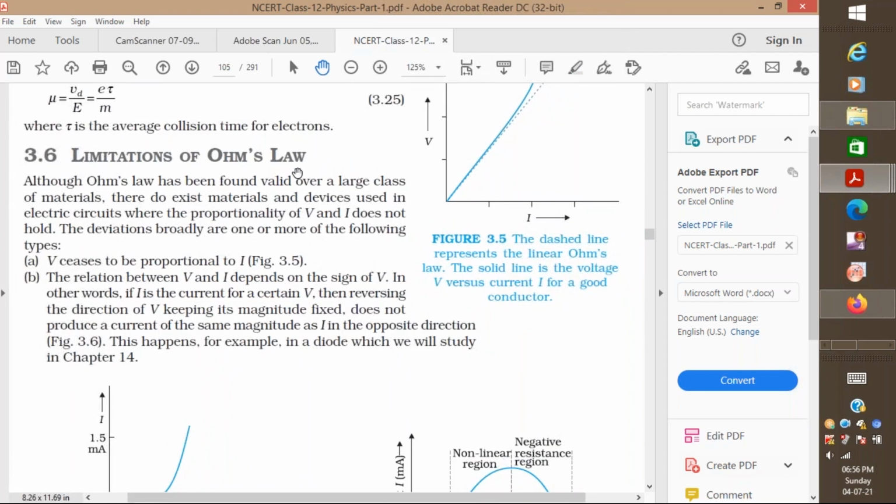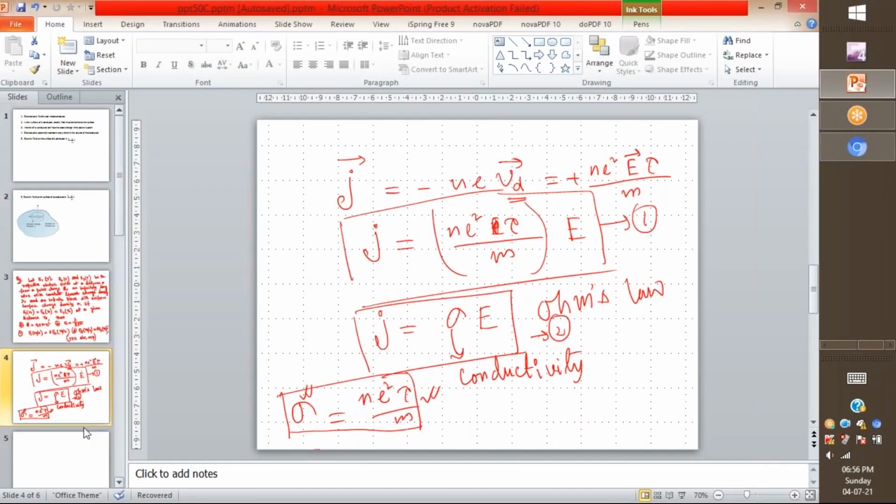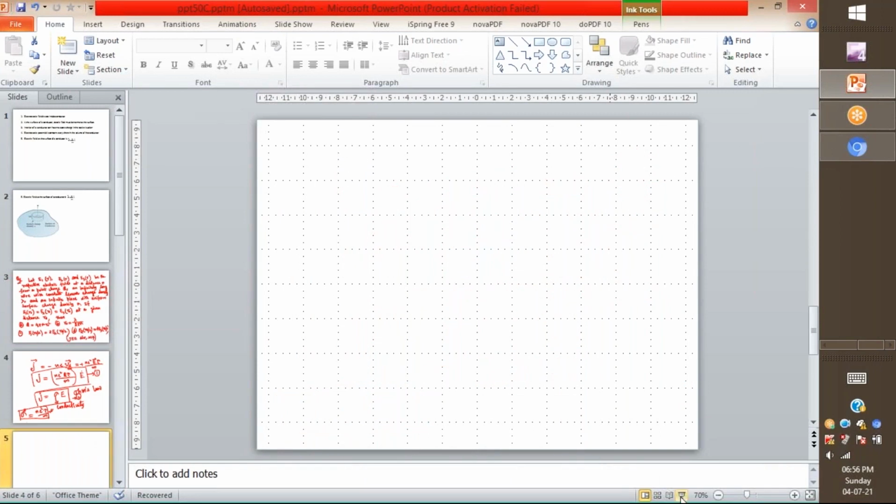What we have learned is that V and I are directly proportional according to Ohm's law. Let me write a short note. First, let me remind you what Ohm's law is, then I'll tell you the flaws in Ohm's law. Ohm's law states that V is proportional to I. The proportionality constant is R, and you get the equation V = IR.